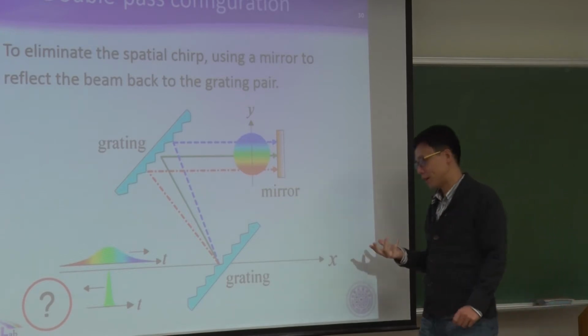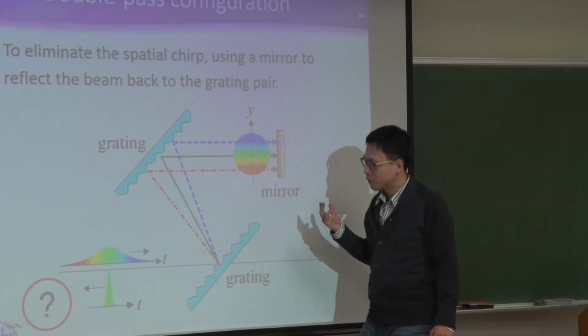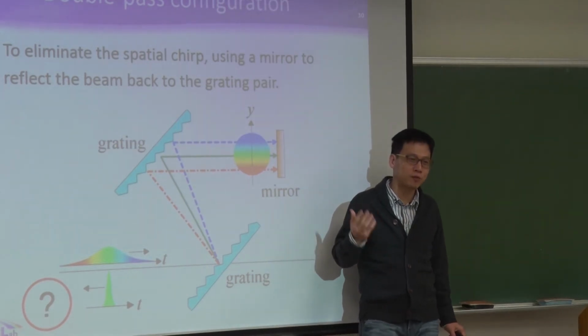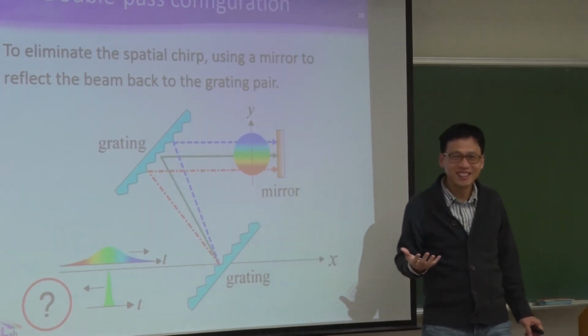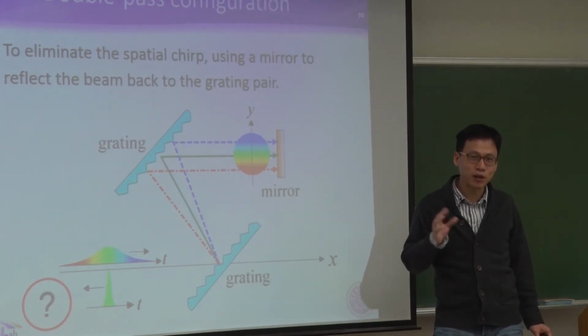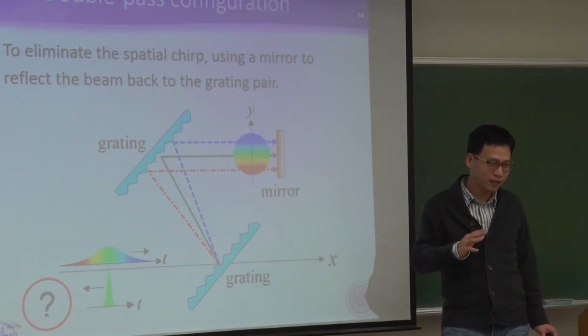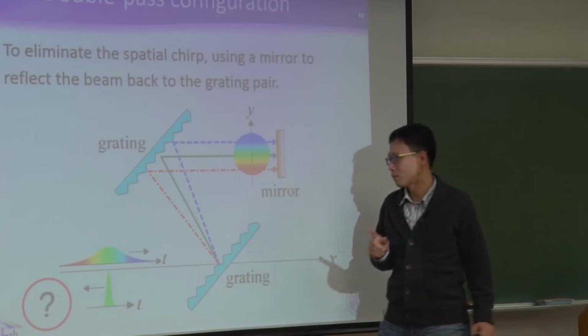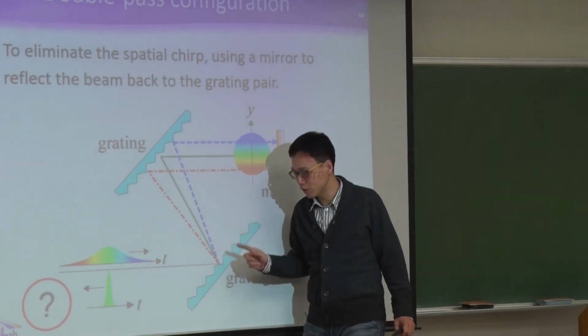If you use a non-polarized beam splitter, you will suffer from power loss. Okay? If you use PBS, polarization beam splitter, you can prevent power loss, but it's a practical issue.